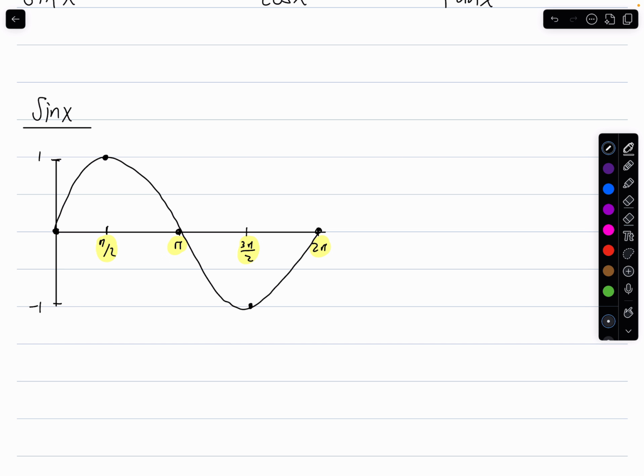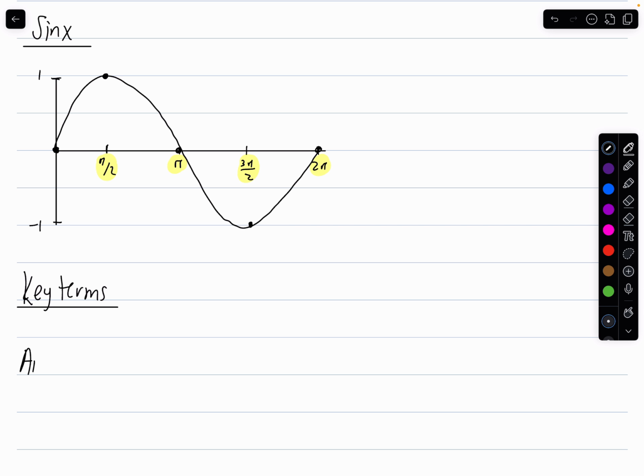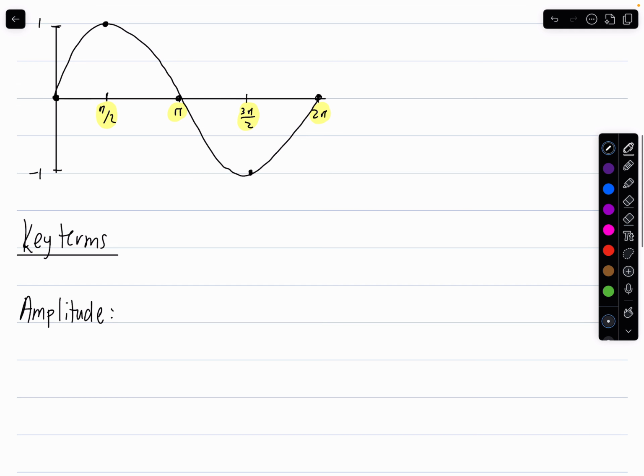Now, there are a couple of key terms we want to know when it comes to these graphs. The first is the amplitude. The second is the axis of symmetry.